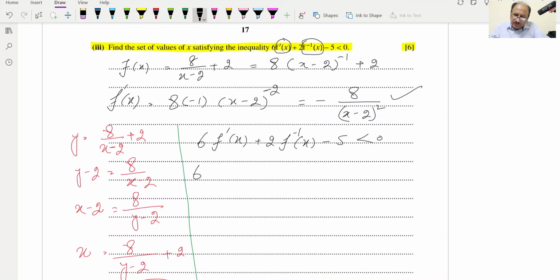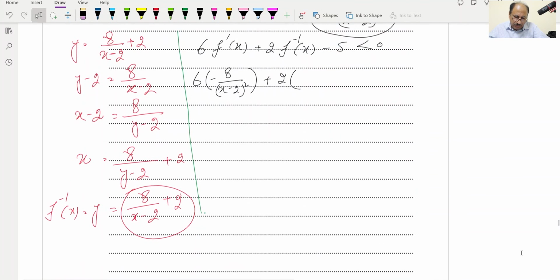For f dash of x we have minus 8 over x minus 2 squared, and plus 2 into the f inverse value, which is 8 over x minus 2 plus 2, and minus 5 is less than 0.